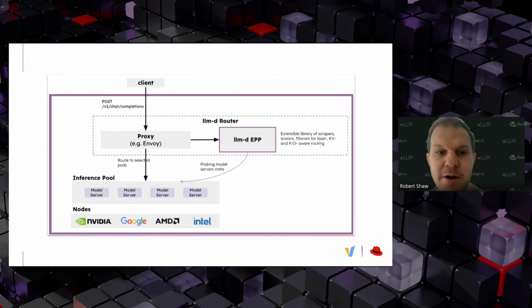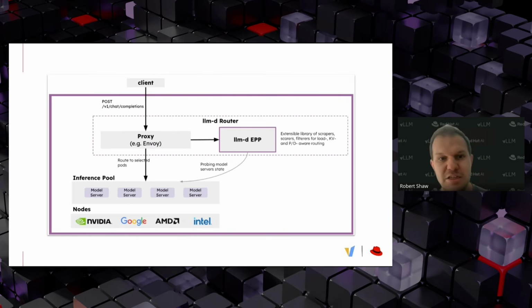In particular, the main thing it does is allow requests to be routed to the vLLM pod that has the prefix already cached. This is extremely important for agentic workloads, which have this heavily multi-turn pattern where potentially one single inference session can send the same context back to the model over and over and over again.